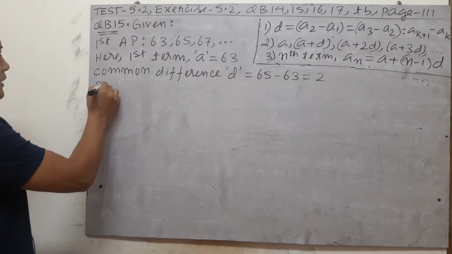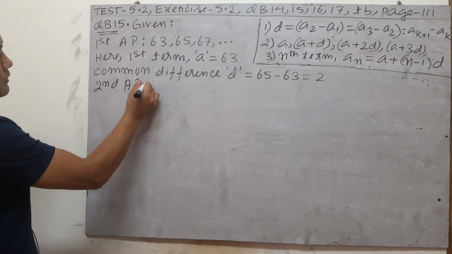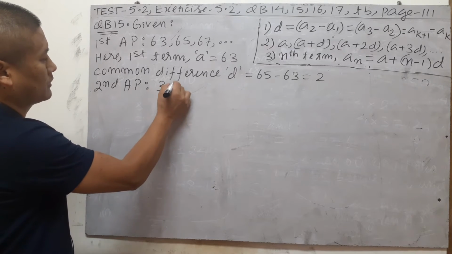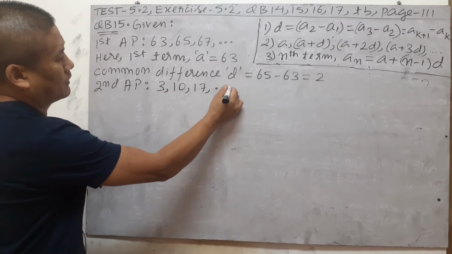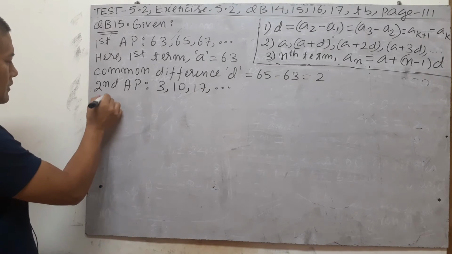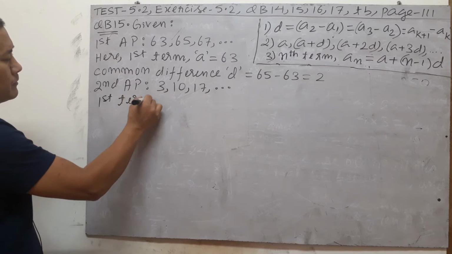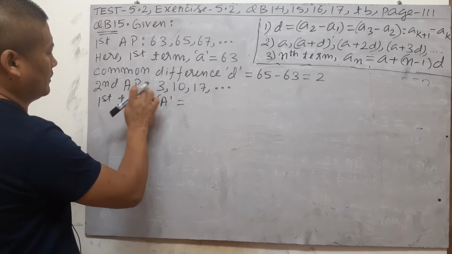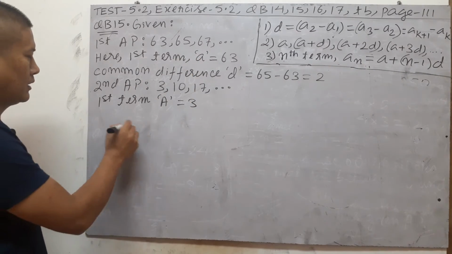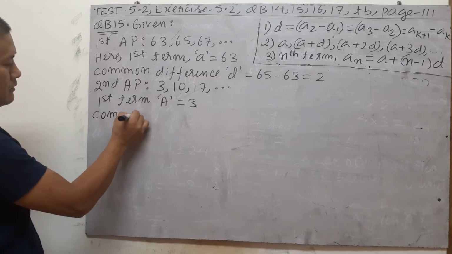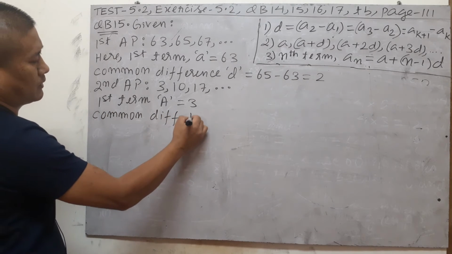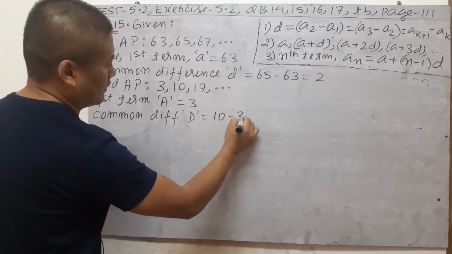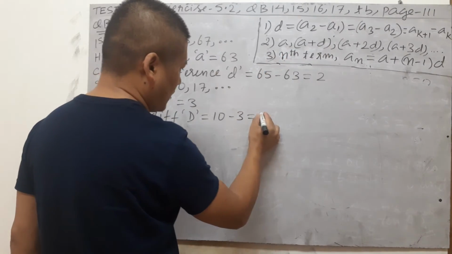Then similarly, the second AP, let us sort out. Given in the question is 3, 10, 17, etc. So here the first term in the second AP, let us denote by another letter, capital A. This is 3, because we have already used up small a, and its common difference, capital D, let us use for the second one, a2 minus a1, as you can see here, is equal to plus 7.